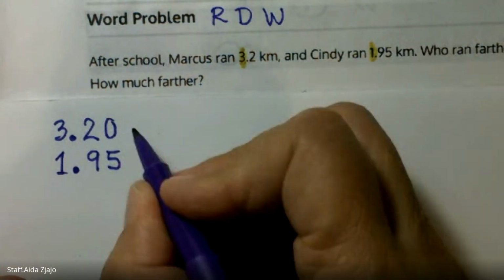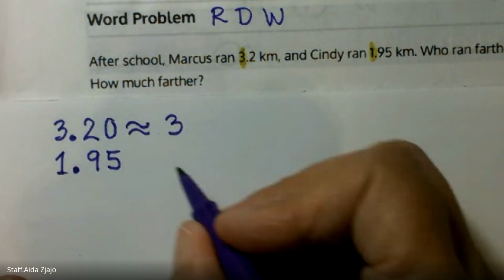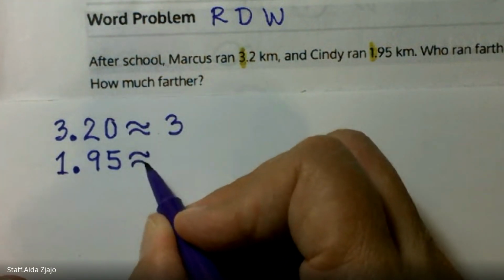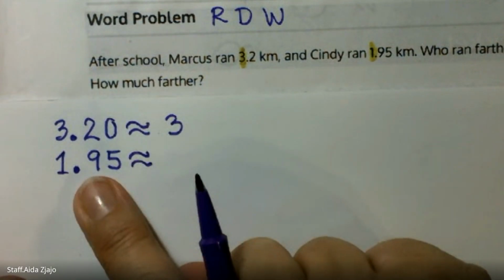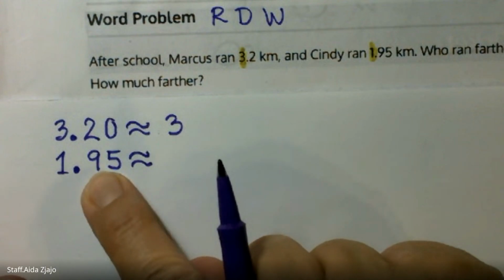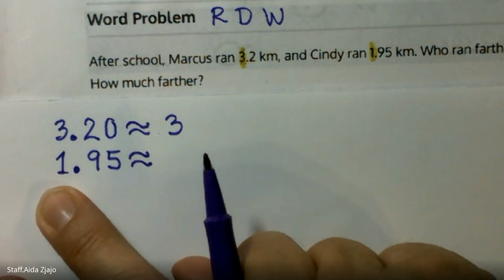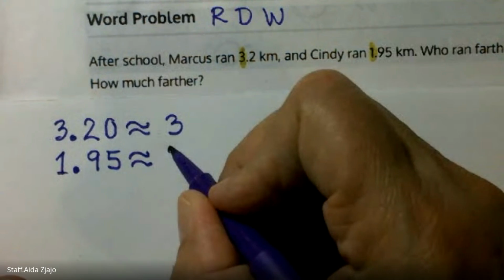So I can estimate this to be about 3 wholes, and I can estimate this one: it's 1 and 95 out of 100. When you have 95 pieces out of 100, you have almost another 1. So this is about 2.